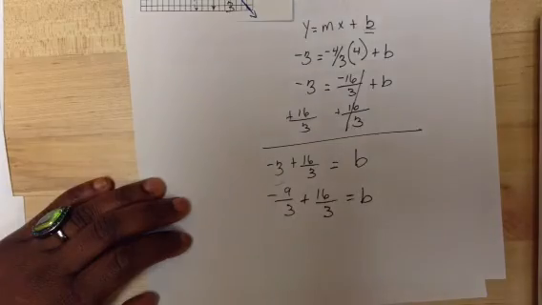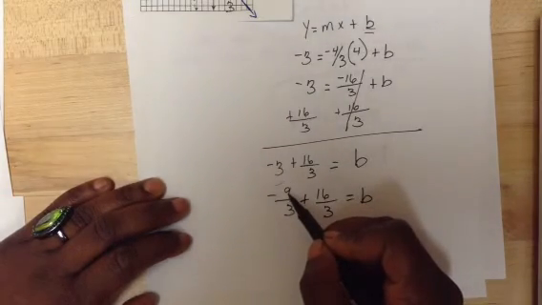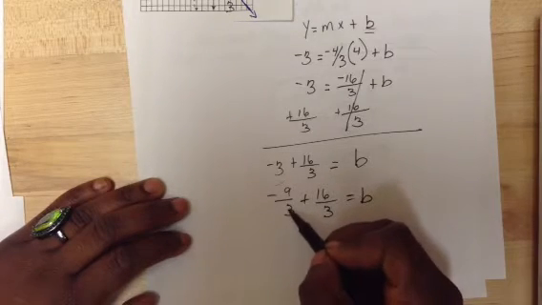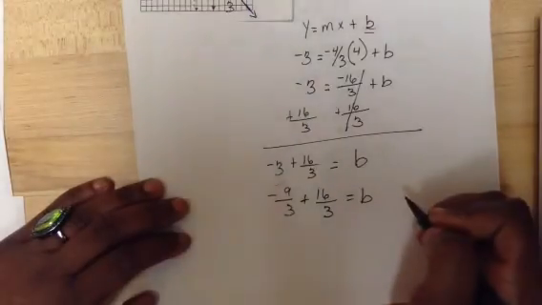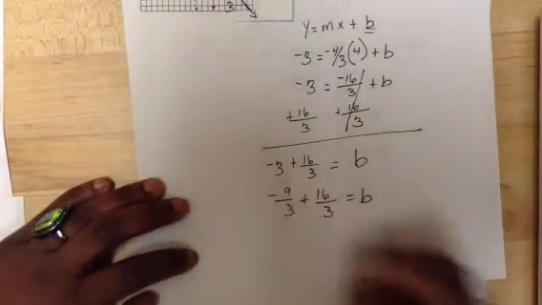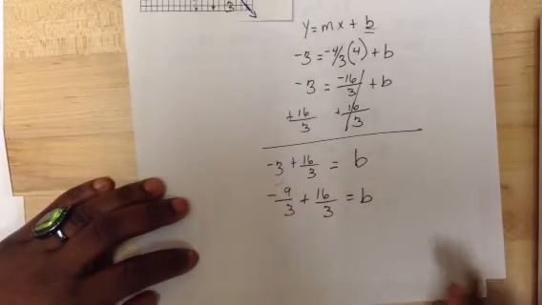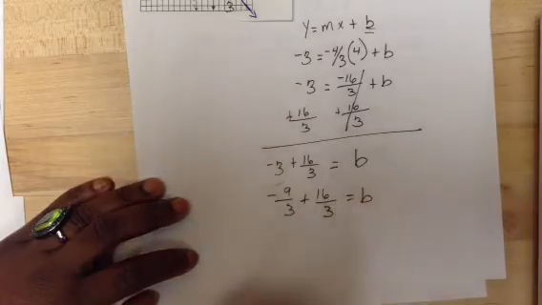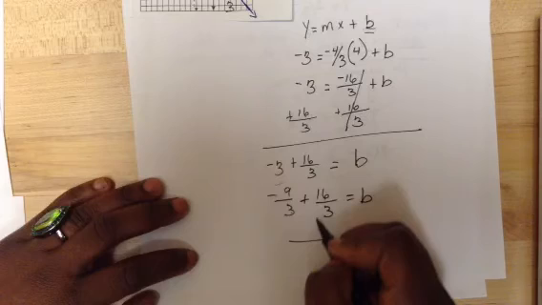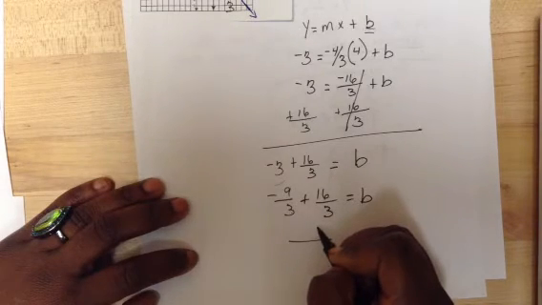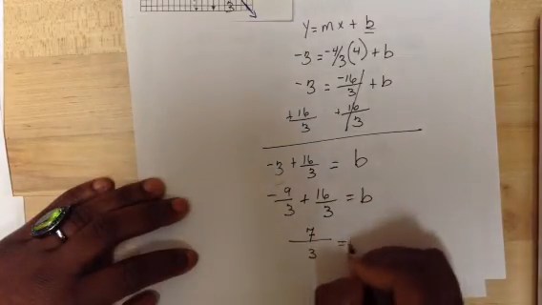How many times does 3 go into -9? 9 is divisible by 3 three times, and 3 times -1 gives me -3. So that's how I got that. Now, when I combine these like terms, -9 plus 16 gives me 7. And that will be 7/3 is equal to b.